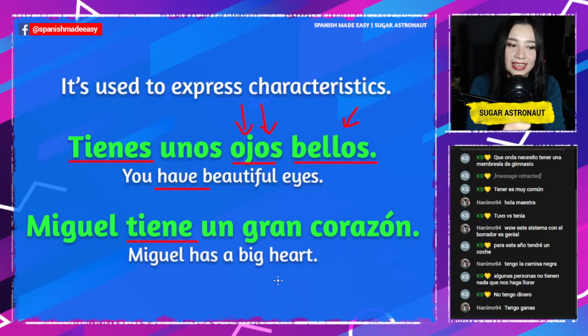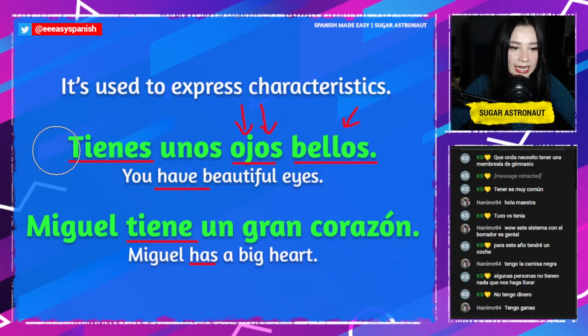You're just saying that Miguel is a sweetheart, a very kind person. So once again, this is similar to the verb to have in English when you're describing someone's characteristics. So that's helpful to know for sure.